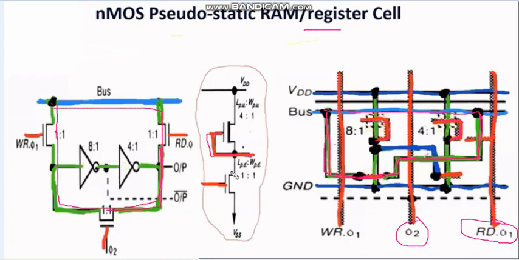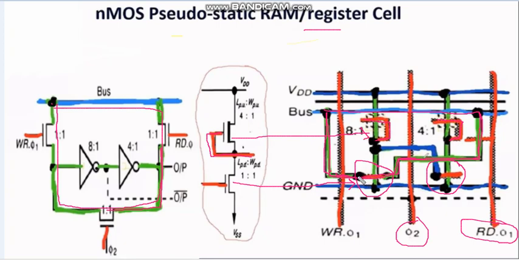At this point, the NMOS is an enhancement mode transistor, and another enhancement mode transistor is this one I'm pointing at here. And this is a depletion mode transistor.